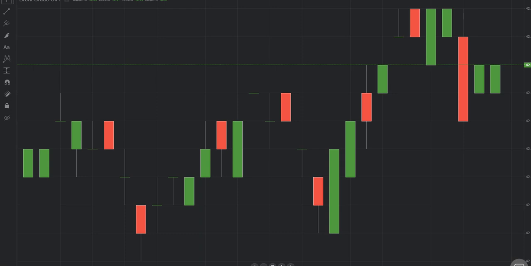If you lose, you lose $1 per share, but if you win, you make $1.50. Now, risk reward is interlinked with the win rate.